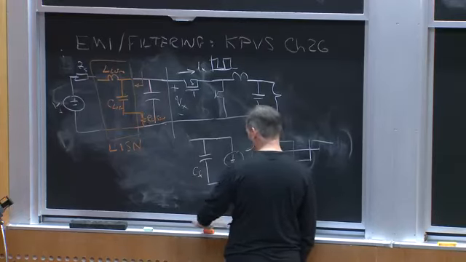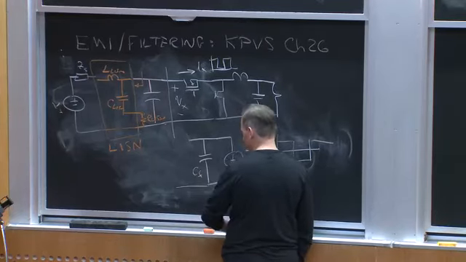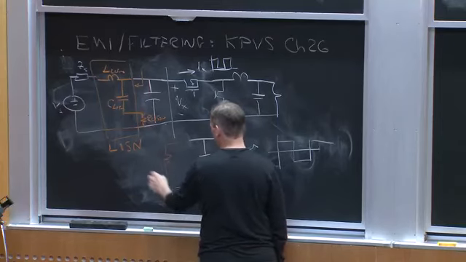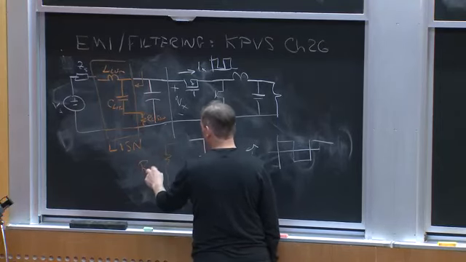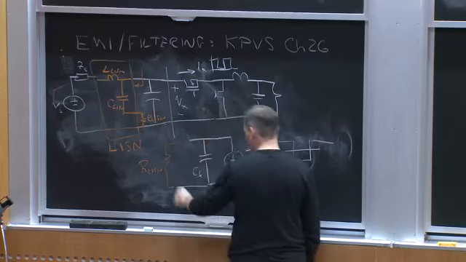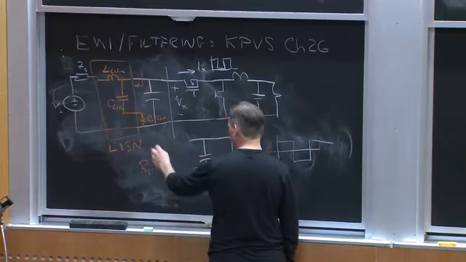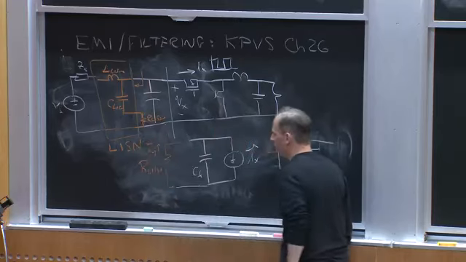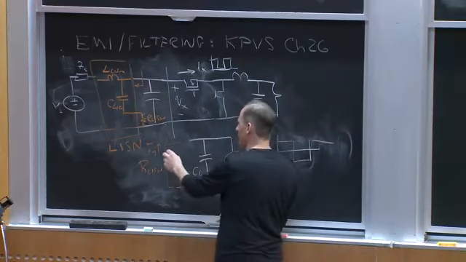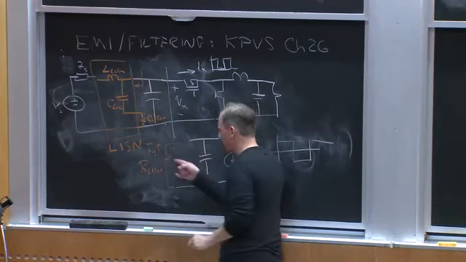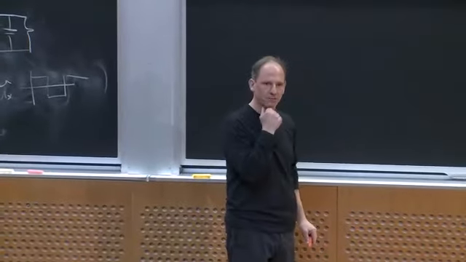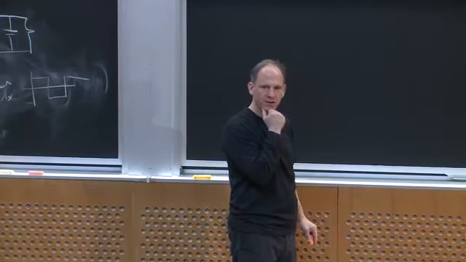And then that goes back into some impedance, which in the test stand only ends up looking like our LISN. I can measure either this current, I'll call it I_Y, or more accurately, in terms of the actual test specifications, the voltage across the LISN impedance in order to make my measurements. Any questions about that?